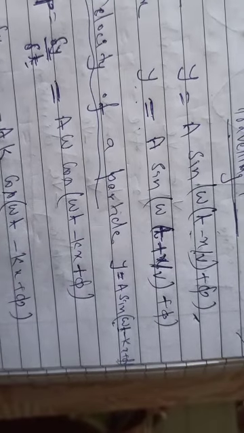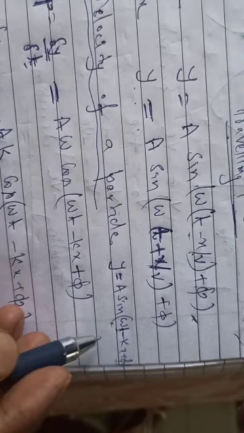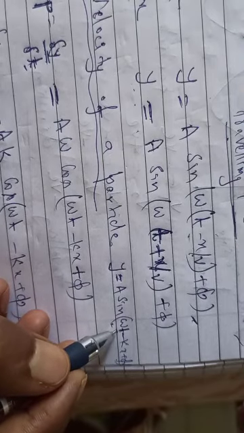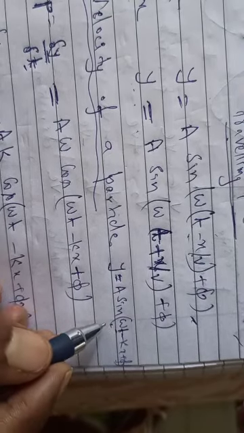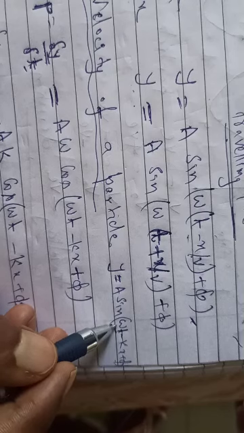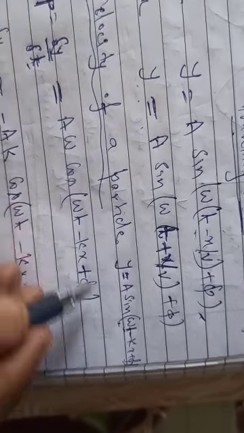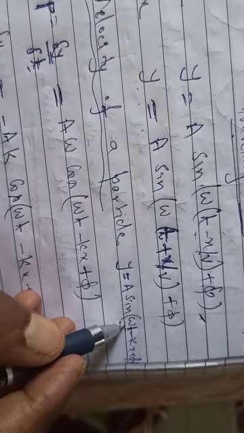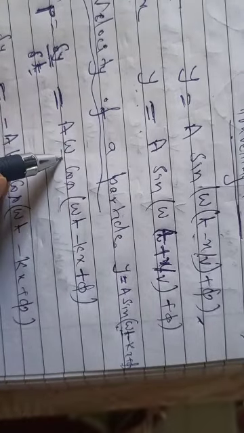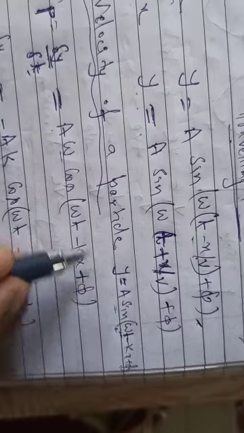Okay, so we have already discussed that whenever you are differentiating with respect to some variable, the coefficient of that thing will come here. The coefficient of time is omega, so omega has come here, and a is as it is, and the differentiation of sine will be cos.